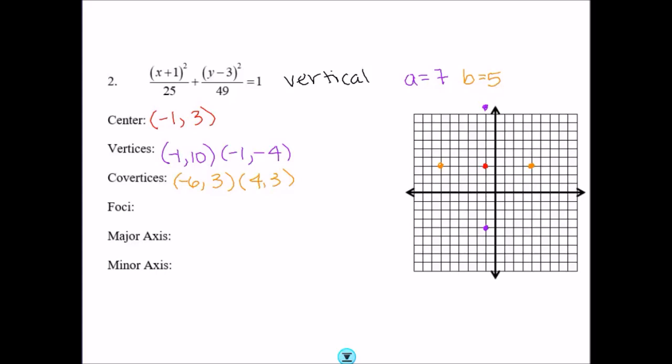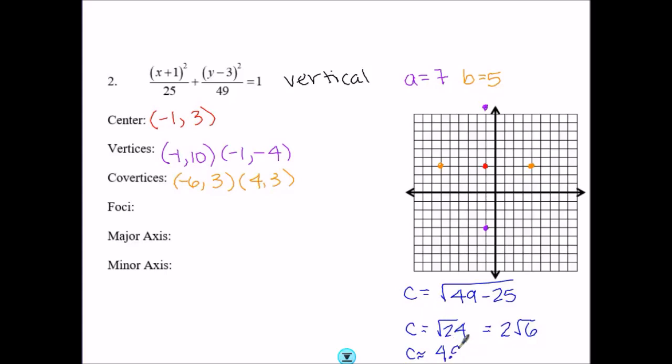Then to find our foci, we need to find the value of c. So c is going to be the square root of 49 minus 25, which gives us the square root of 24, which is 2 square root of 6. But that doesn't help us graph this, so we need to use our decimal approximation. So 2 square root of 6 is approximately 4.9.